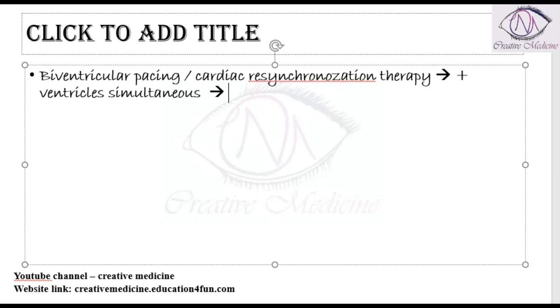When the ventricles are stimulated simultaneously, this will improve the conduction of the ventricles, or actually it will improve the contraction of the ventricles, and thus it will reduce the mitral regurgitation.